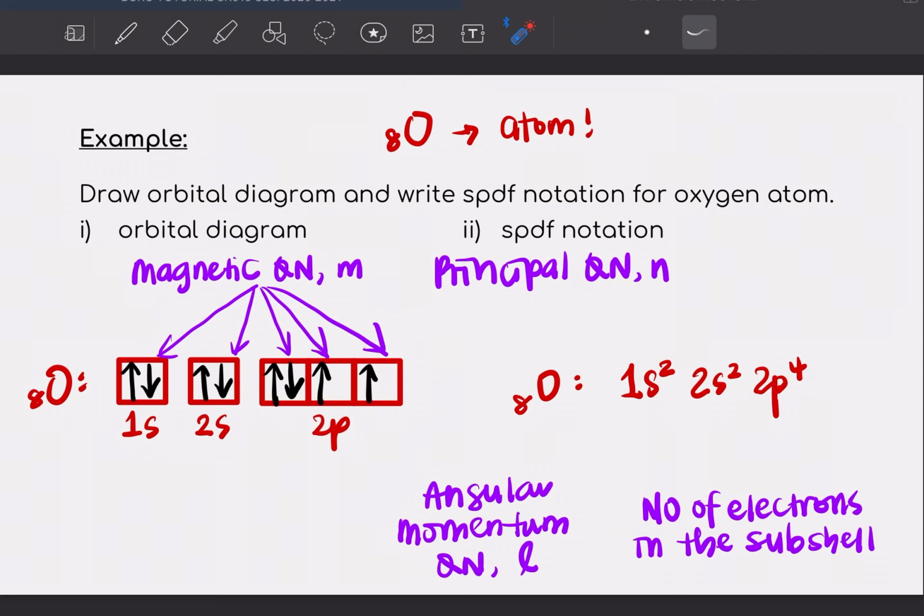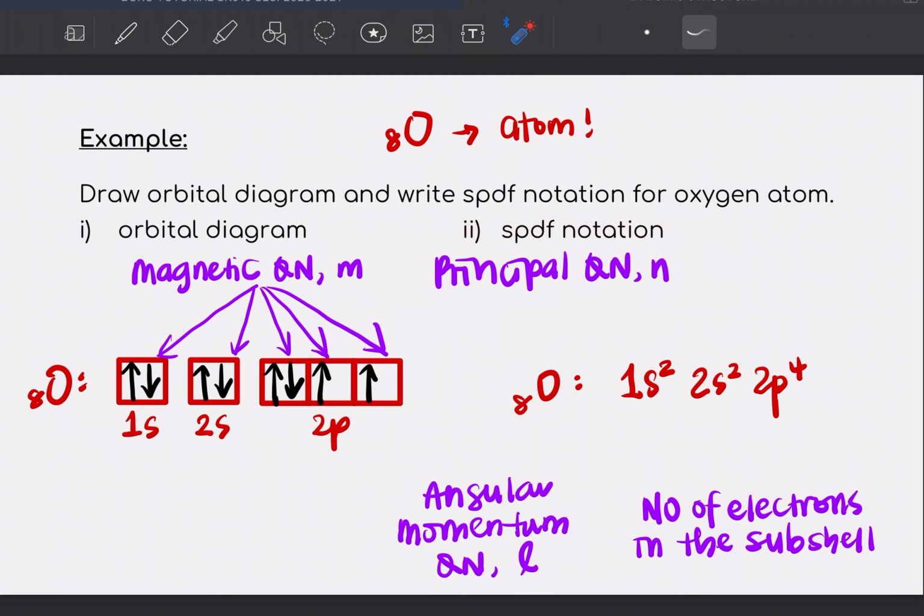Same goes for the one on the right. Your magnetic quantum number will actually be 2px, 2py, and 2pz, translated to that. Next we have the principal quantum number.